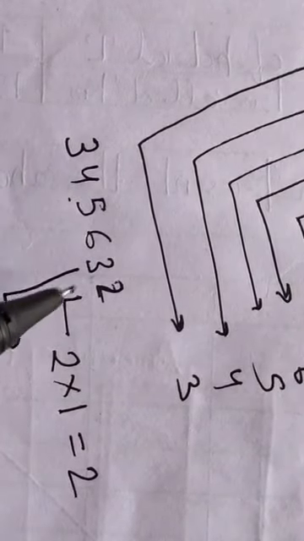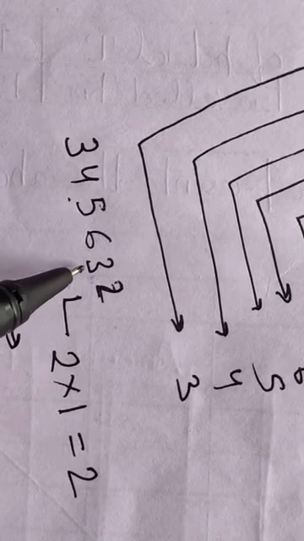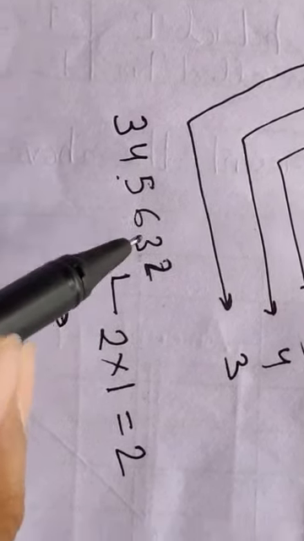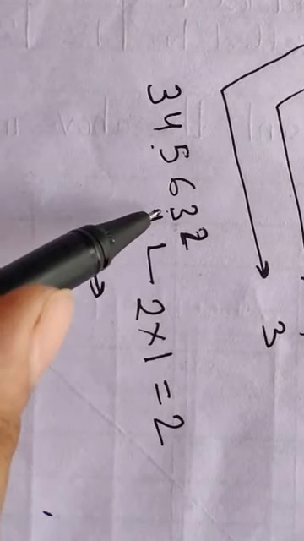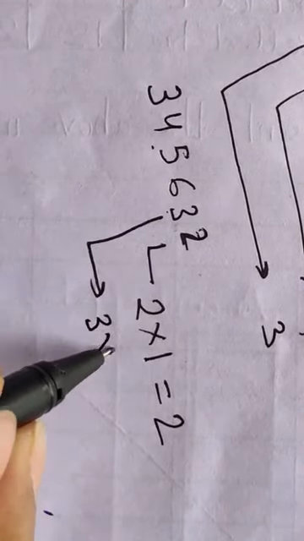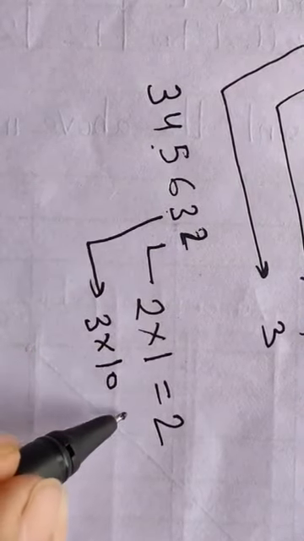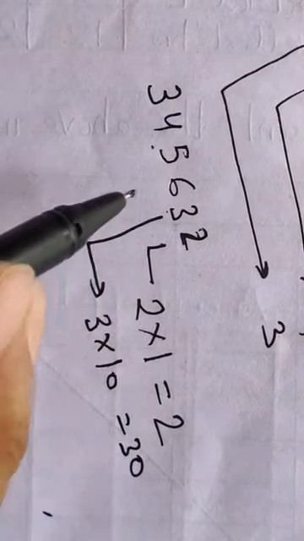In the second digit, that is the tens place, the digit is 3. The face value of 3 is 3, but the place value in this case will be, because 3 comes in the tens place, multiplied by 10, so 30.